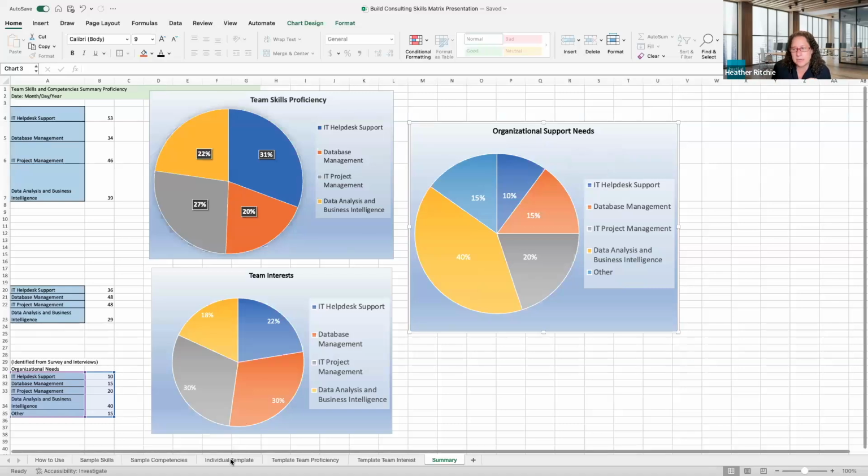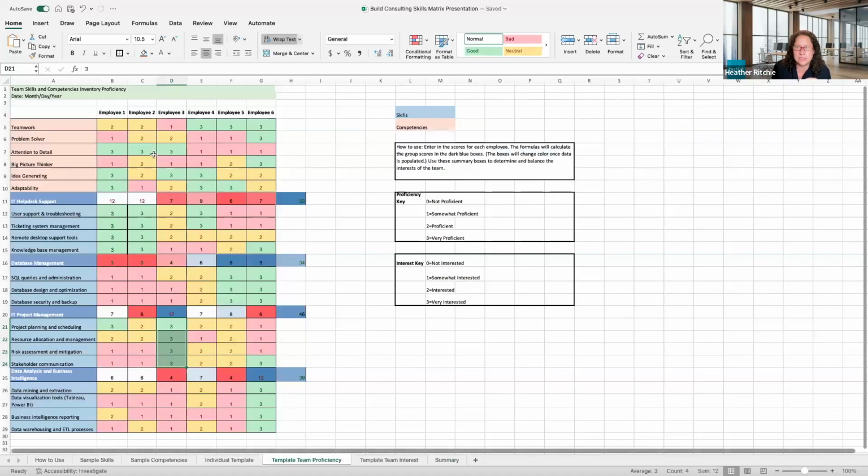I've seen this done with single teams or departments, and I've also seen it done where every department does it, so you're looking at global skills for the organization. So there's a variety of ways to utilize a skills matrix. The team building aspect, and having everybody look at the strengths of your team, is really a great opportunity.